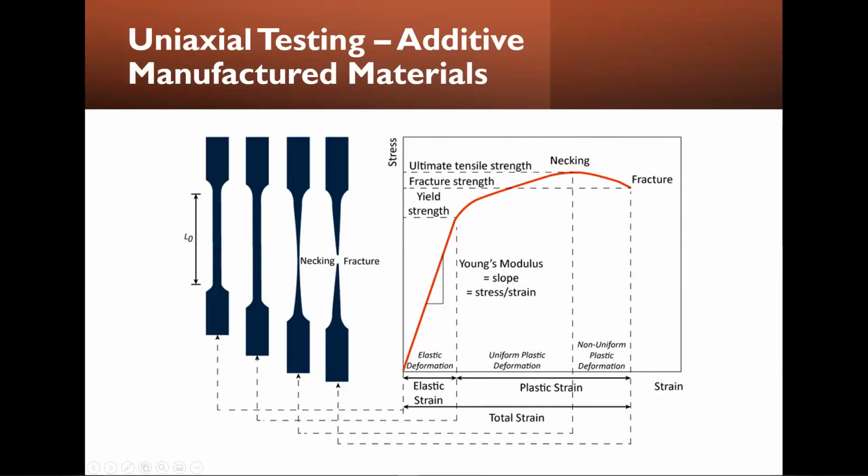All right, so looking initially at uniaxial testing for these AM materials, we see that during the elastic deformation there's a lengthening of the specimen, but once we reach the plastic region, there is that unrecoverable necking occurring, which then leads us to the fracture point.